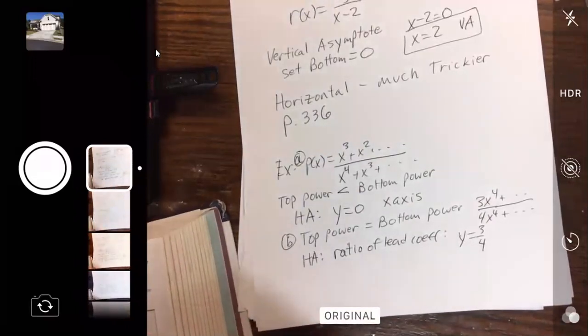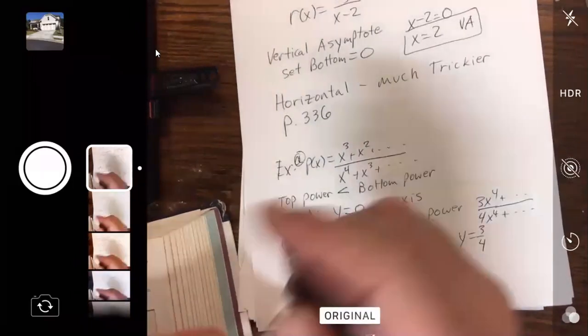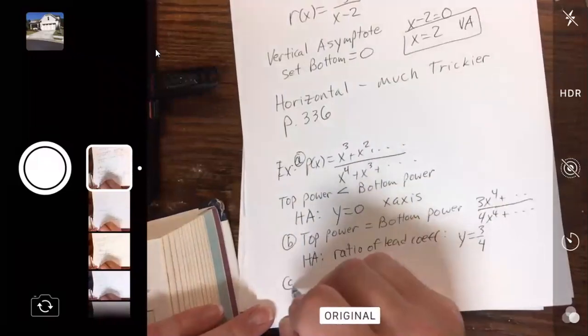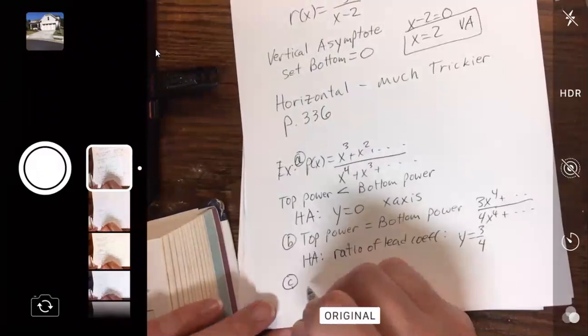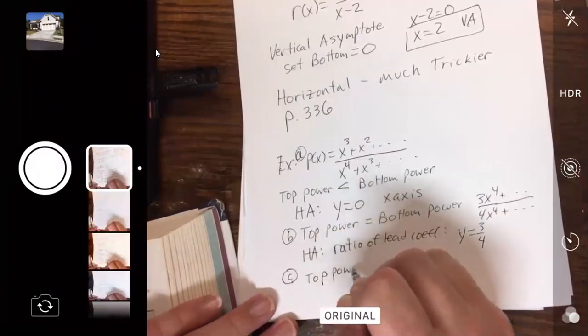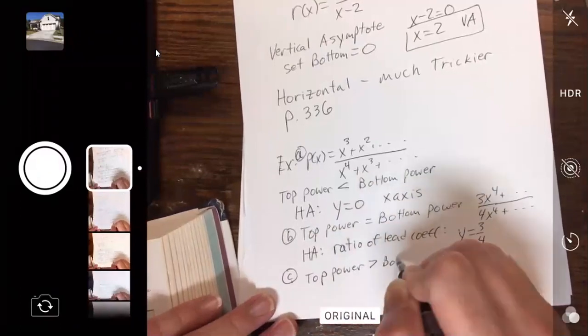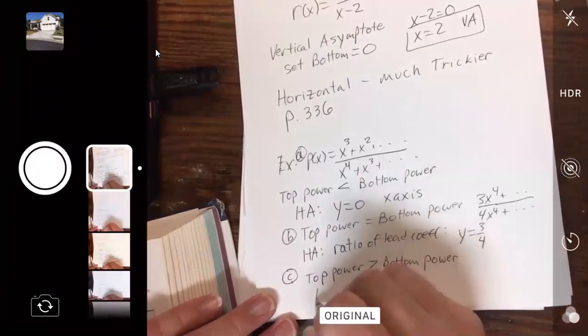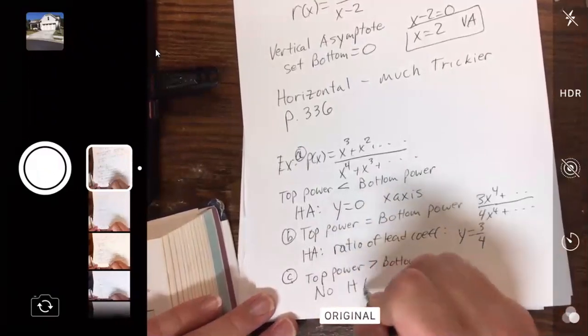Are you ready for case C? I think so. Okay, case C, the only thing left is your top power greater than your bottom power. This is easy. No horizontal asymptote.